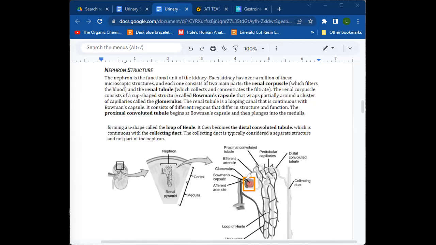And then all around the glomerulus is supposed to be the Bowman's capsule. And the Bowman's capsule is supposed to be a cup that's going to collect everything that comes out of the glomerulus. And right, the glomerulus, the key word for that is that it's a capillary. Yeah, definitely need to know that it's supposed to be a capillary.